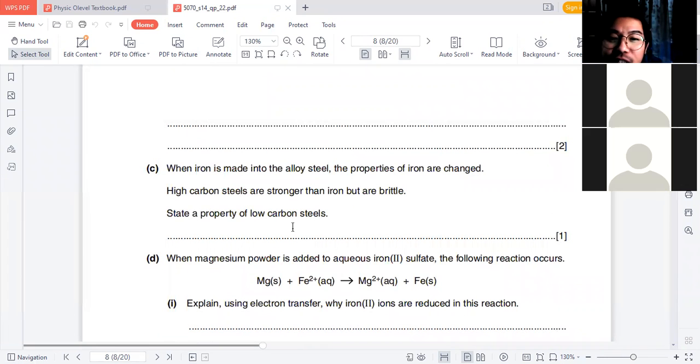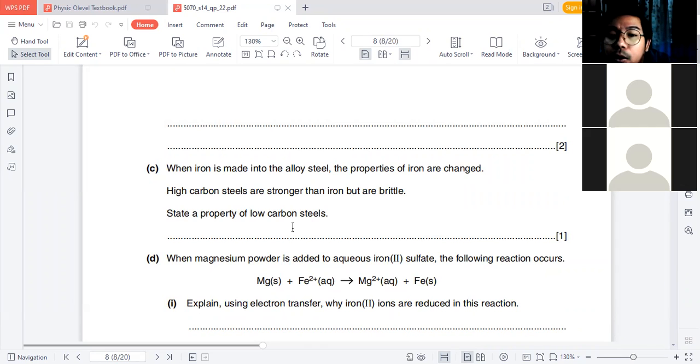When iron is made into an alloy, steel. Now, what is an alloy? A mixture of metals. So why do we need a mixture? To make it harder and more resistant to other things. An alloy does not have the same characteristics as a pure metal, because a pure metal is ductile, malleable, and easily cut.